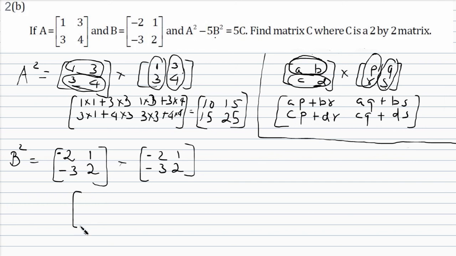So we have the resultant matrix out here. So this is the first row and this is the first column.